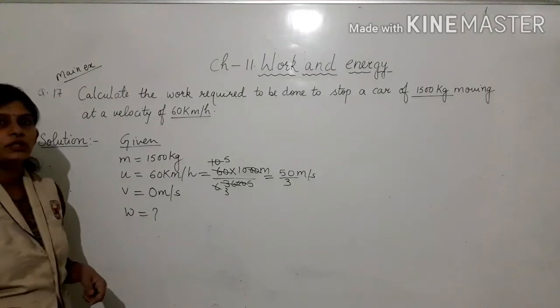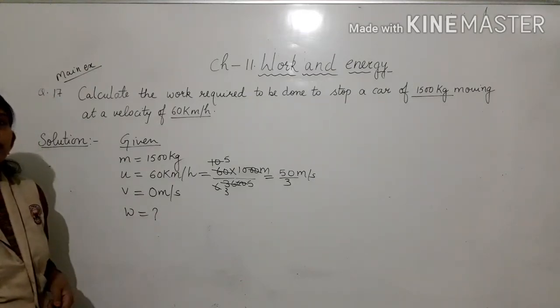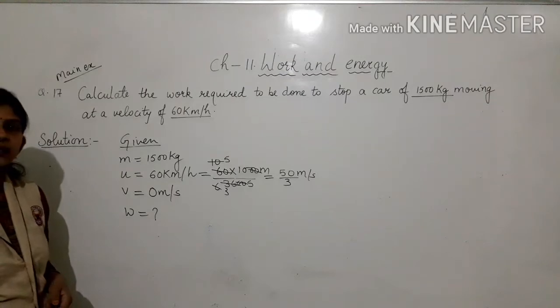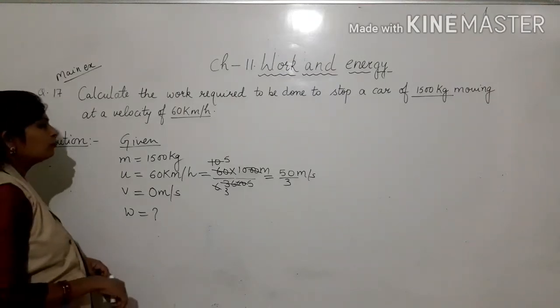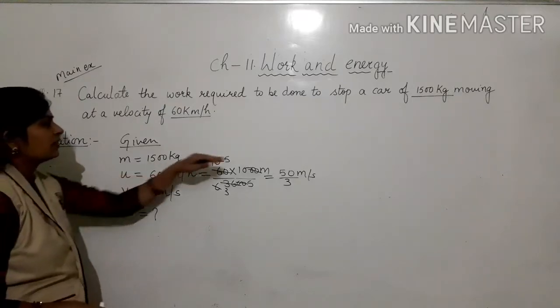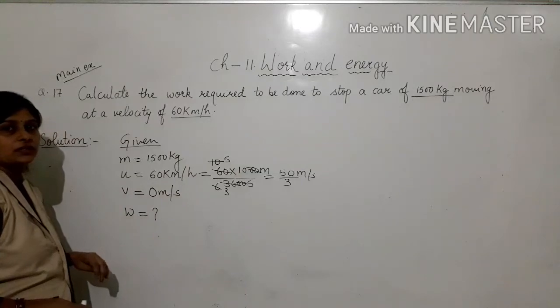So this question will also be solved by the same alternate formula of work, that is change in kinetic energy, because here due to work the object's velocity changes, its kinetic energy changes.